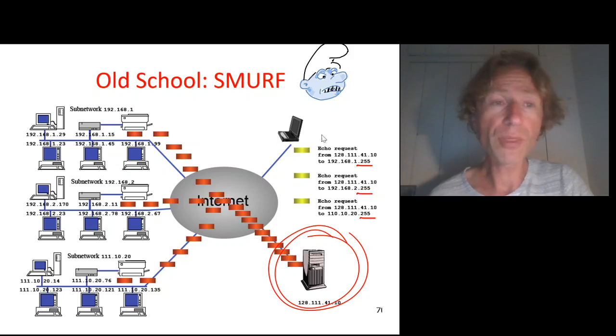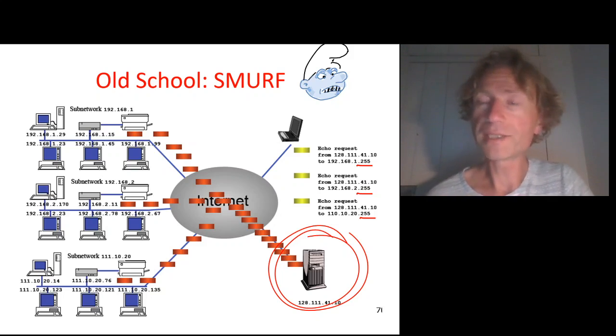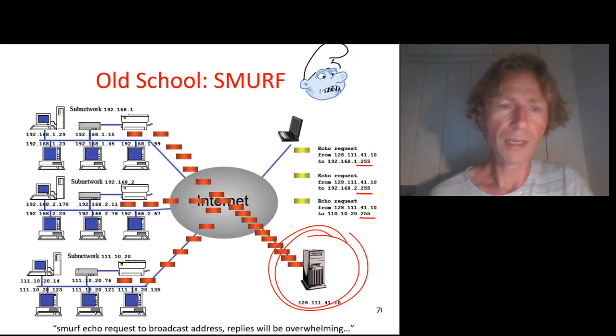That means that with 3 packets sent to these local area networks here, we already generate a huge stream of replies to the poor victim. So we're getting a huge amplification of the data that we send into the network, as our Smurf shows here. Okay?